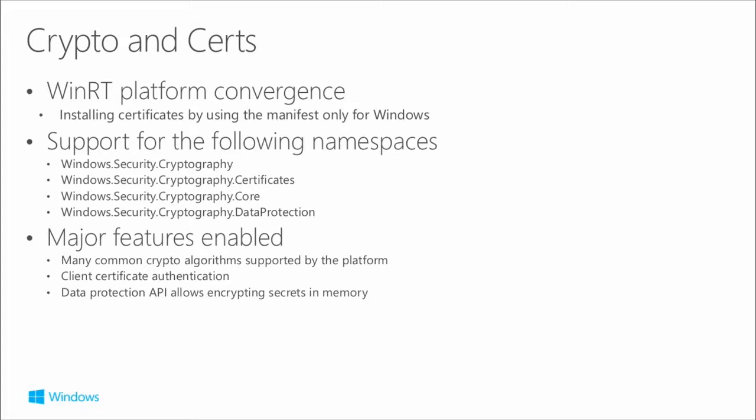A lot of banks wanted to build that, and in the past you needed a third-party library, but it's now basic in the platform. There are some differences. For example, in Windows 8 we can use the manifest to install a self-signed root certificate. That's not available on Windows Phone, but you can do it through code, and I have some samples for that as well.